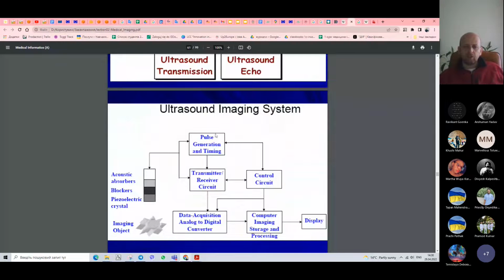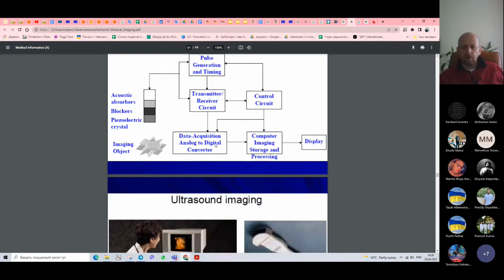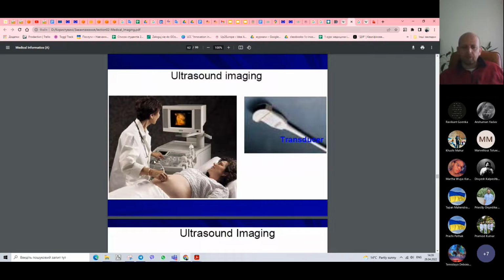Now we have pulse generator and timing, transmitter receiver circuit, control circuit, data acquisition, analog to digital converter, computer image storage and processing, and you have display. How will this work? We have ultrasound which generates pulsation to the tissue, and depending on the frequency of these sources, different tissue can reflect it.